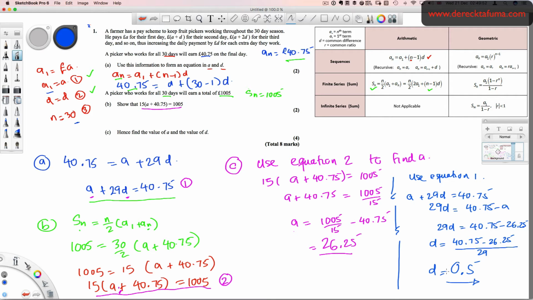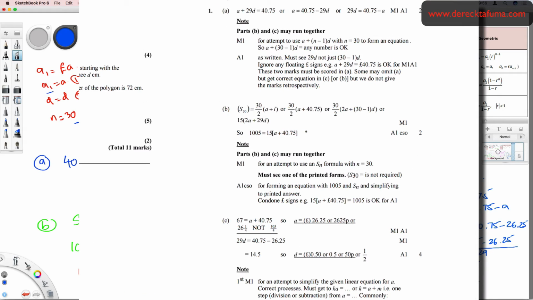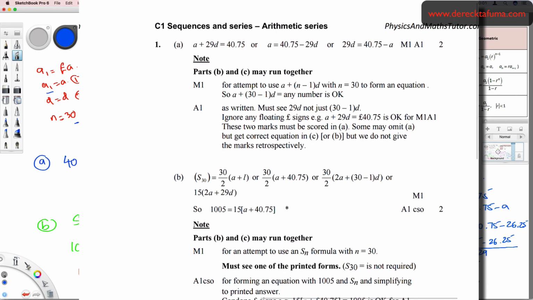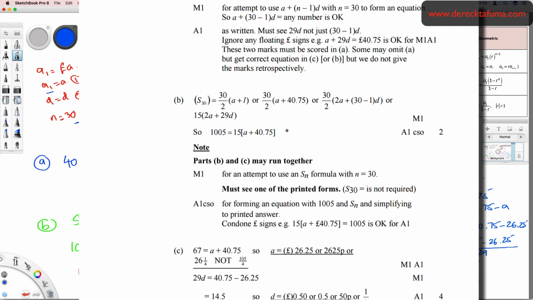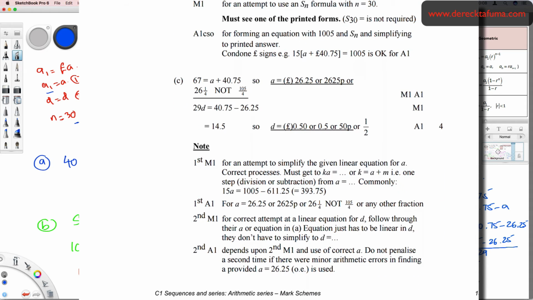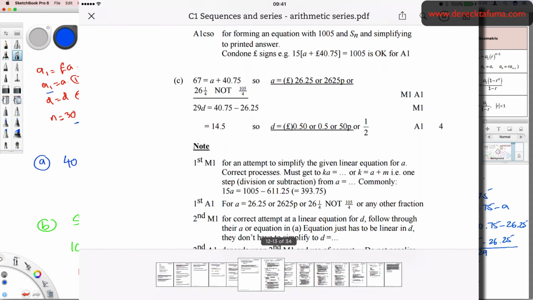Okay, let's check if that is correct. A is correct. B was just showing. For C, it's 26.25 for A and half for D. Okay, so that's number 1 all done.